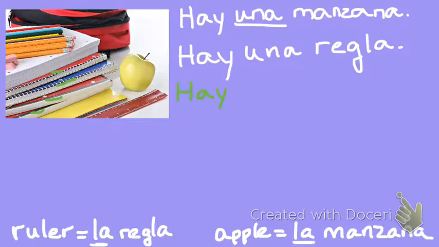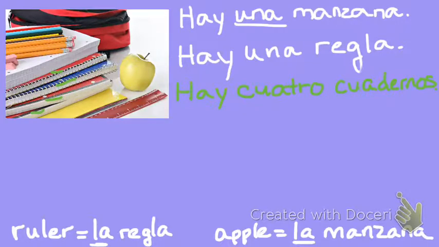And then I'm going to have the word for 4. Cuatro. And now I need the word for notebooks. Cuadernos. Oops, I misspelled that. Let's go back. And I need to make sure I've made it plural. Can't really see that green, so I'm going to change colors.